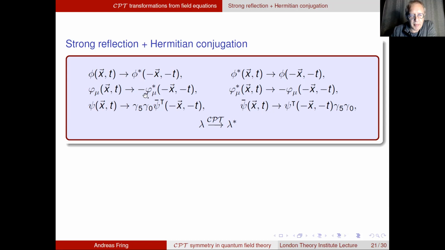Spin 1 fields pick up a minus sign, and spinor fields pick up multiplication by gamma 5 times gamma 0 onto the adjoint spinor transposed, and also the arguments are reversed. And then similarly, the adjoint spinor transforms like this. And inherited from the conjugation transformation, this is also similar as in CPT, namely that the constants go to their conjugates.